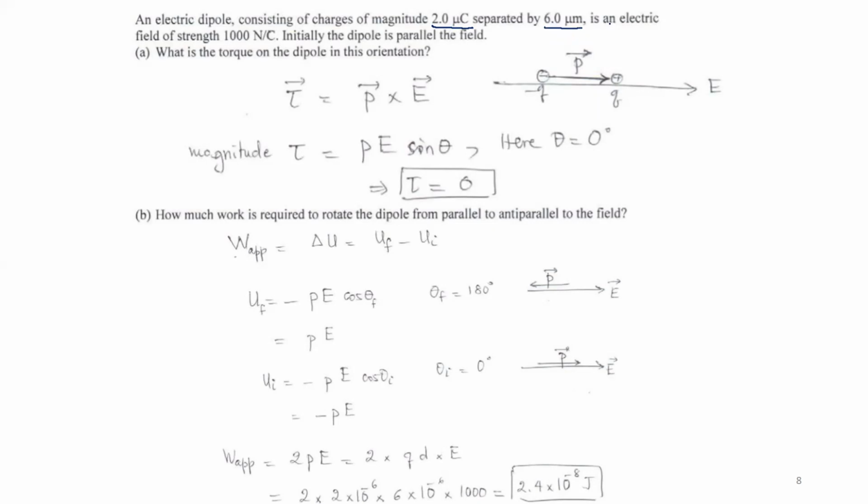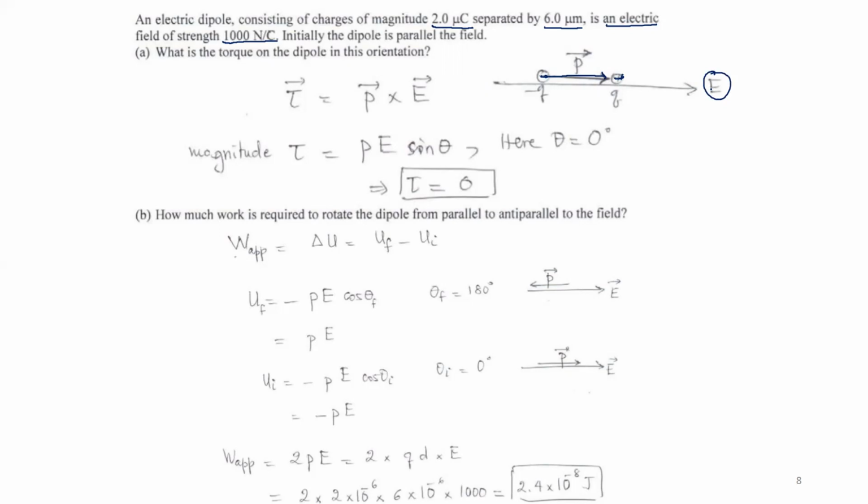And then I put this dipole in an electric field of strength 1000 Newton per Coulomb. Initially, the dipole is parallel to the field. Initially, I am in the stable equilibrium position. So the stable equilibrium position is when the dipole, here you see the dipole is from minus to positive, and it's along the electric field. So I'm happy. This is the stable equilibrium position.